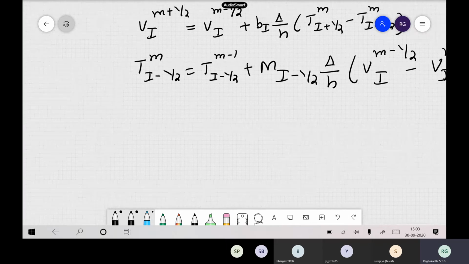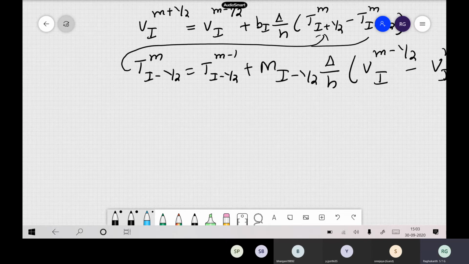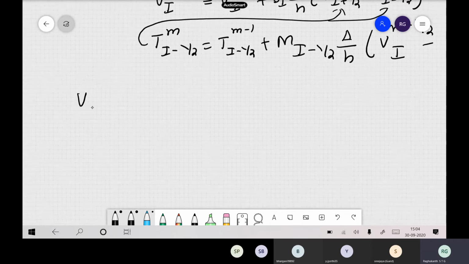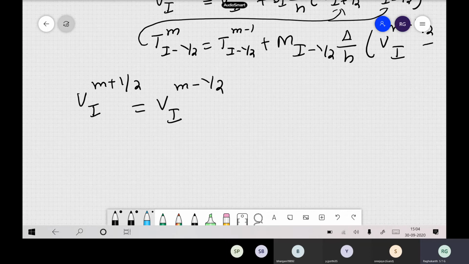You can substitute these expressions directly and write everything in terms of one equation itself if you want. So V_i at m plus 1 by 2, V_i at m minus half, so this remains the same.